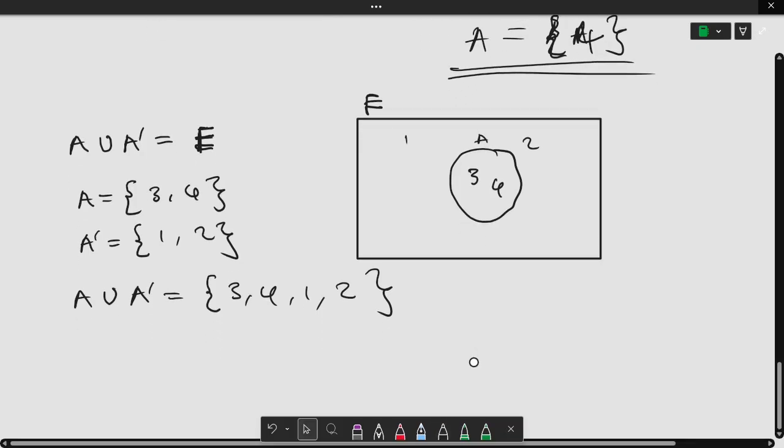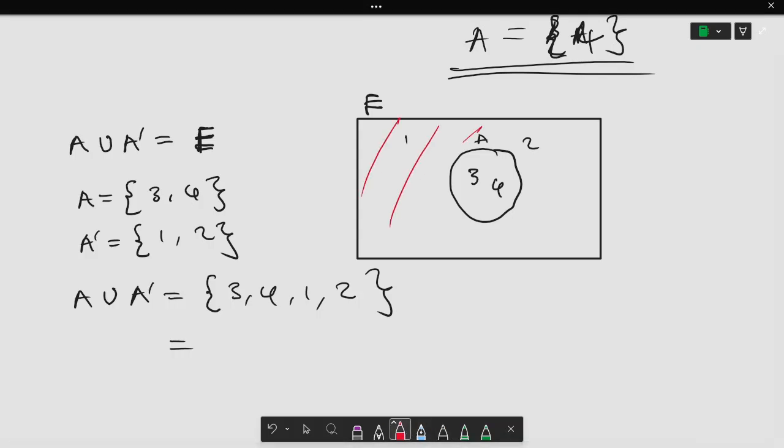You quickly realize that this is equal to the entire Venn diagram, the universal set.